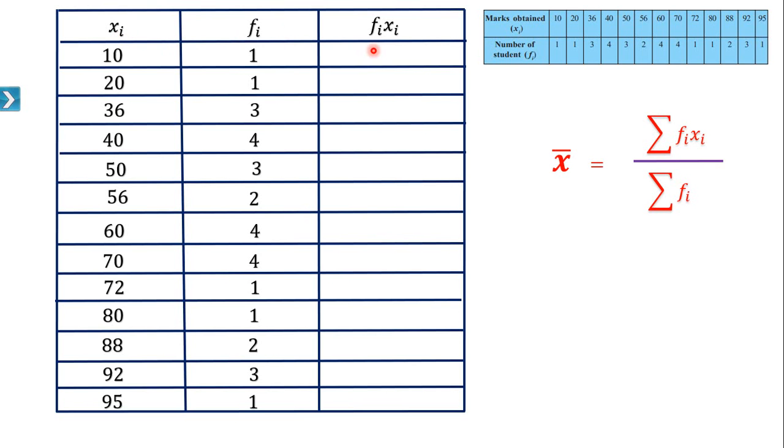We have to find f i x i, which means we have to multiply f i and x i.